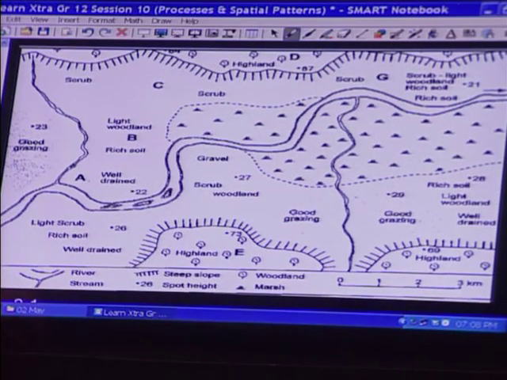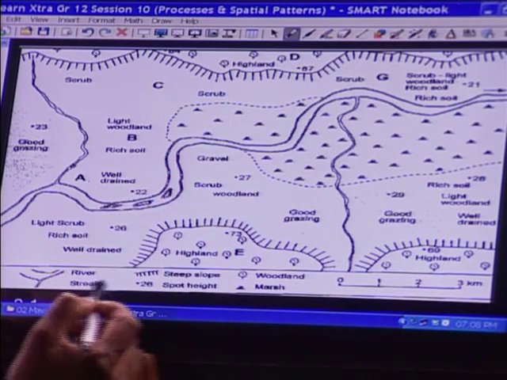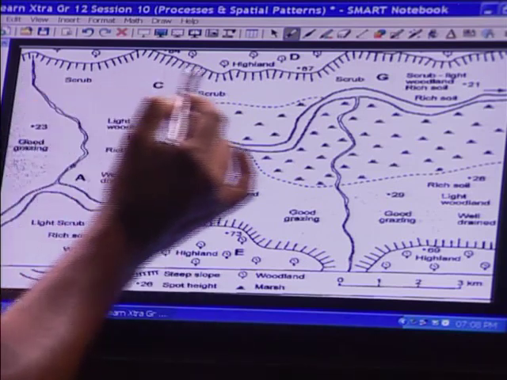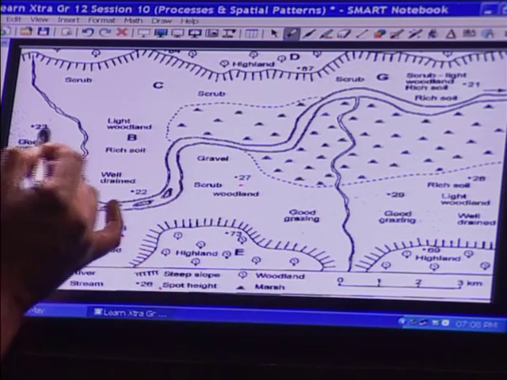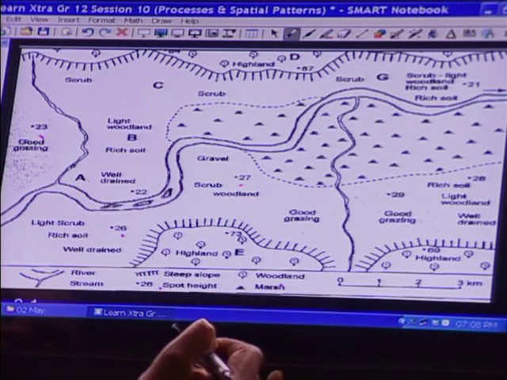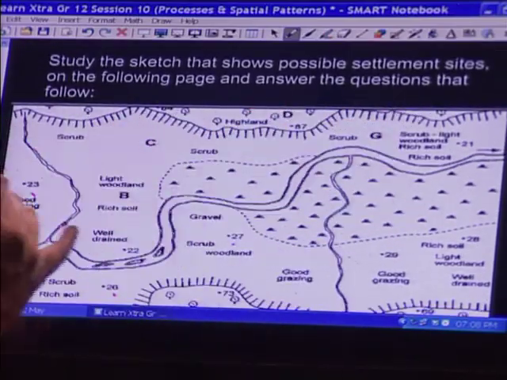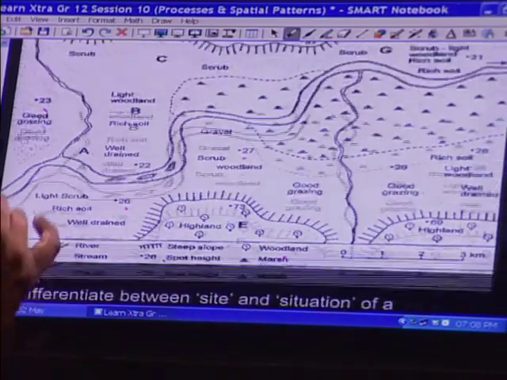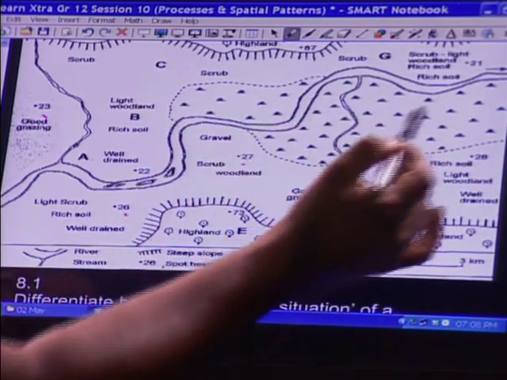In this example, again, you have a sketch map, which shows you with a key the location of a river, stream, steep slopes located to the north, spot heights, for example, woodlands, located to the north of the map, on the high-lying area, as well as marsh areas. Remember, marsh areas reduce the amount of development that can occur in a specific area.